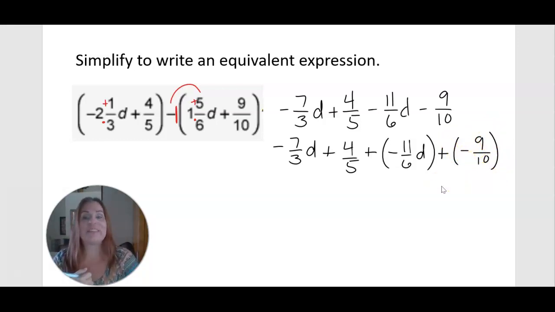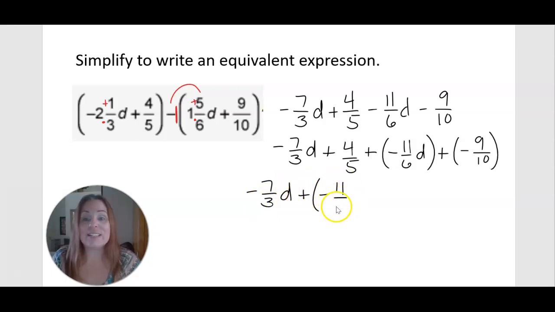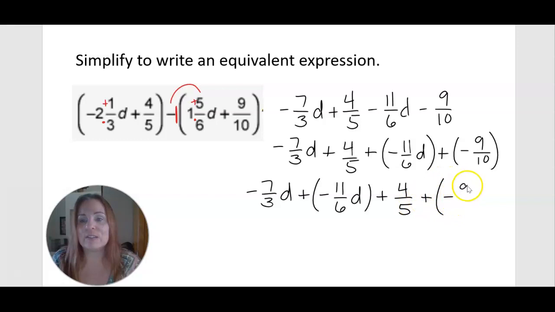All right, now I'm going to rearrange so that like terms are next to each other. So I'm going to do my d terms first. I've got negative 7/3 d and a negative 11/6 d. And then I've got the constant terms, right? The ones that don't have a variable. So that's 4/5 and negative 9/10.